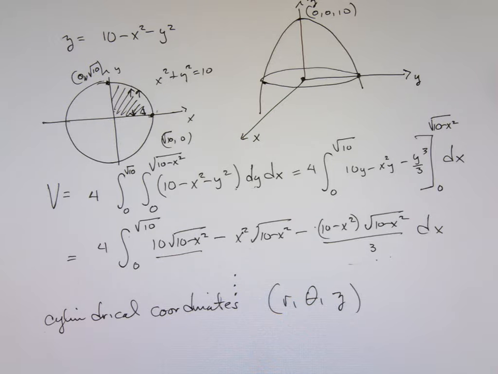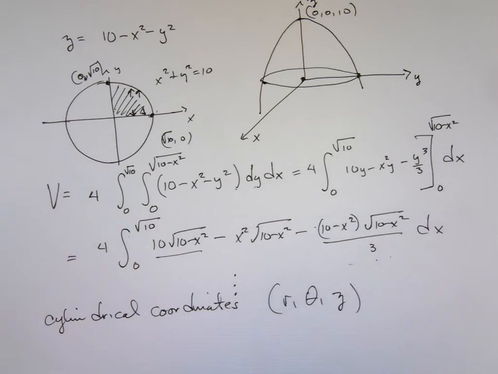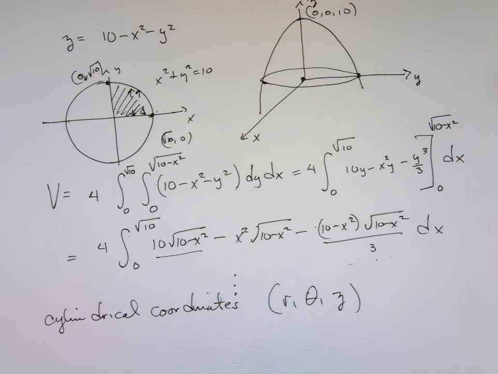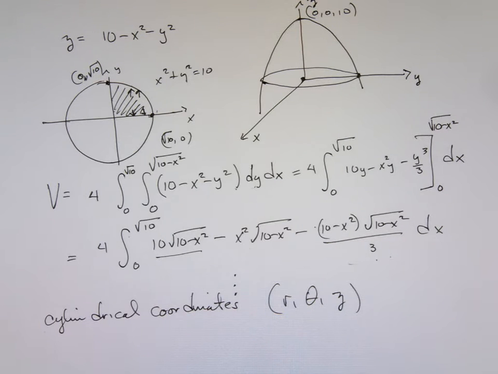So, what we're going to do is change this problem to a problem in cylindrical coordinates. In general, when we have circular regions in the xy plane that we're dealing with, like we are here, you're better off going to a cylindrical coordinate system.